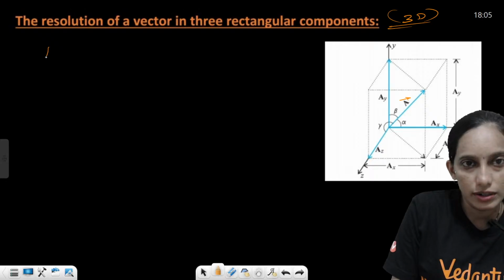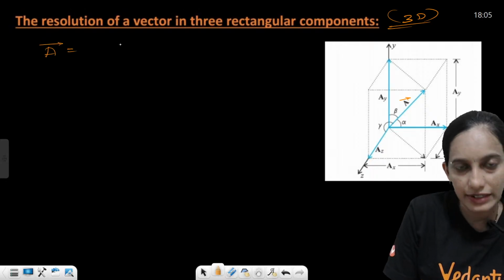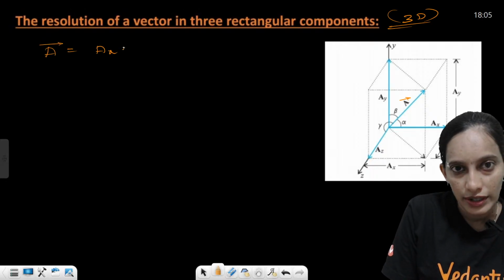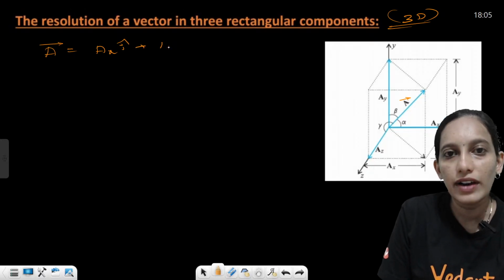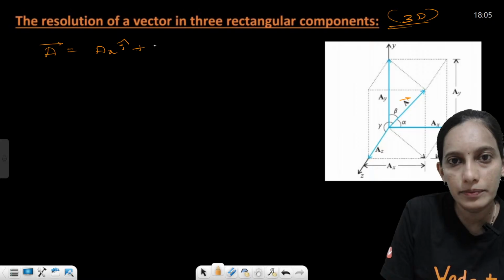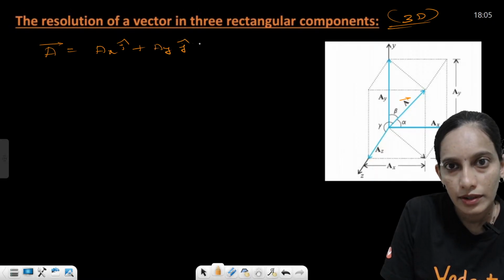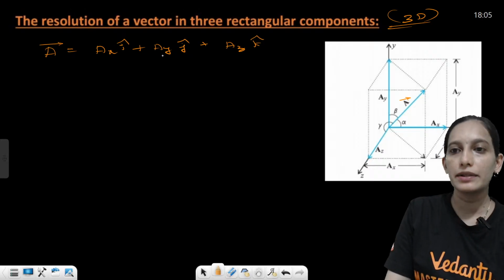So it is still possible: vector A is equal to ax into i cap plus ay into j cap plus az into k cap.